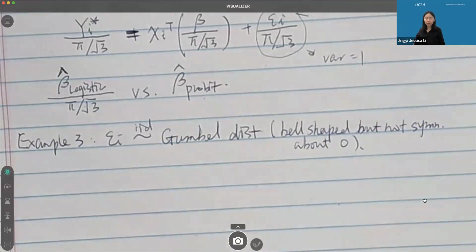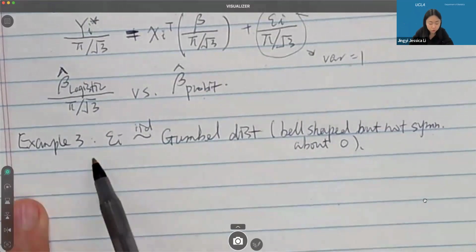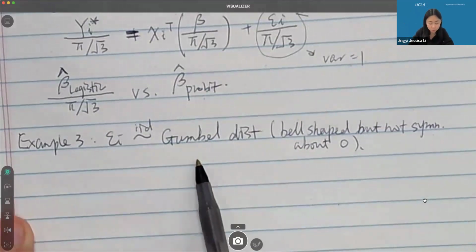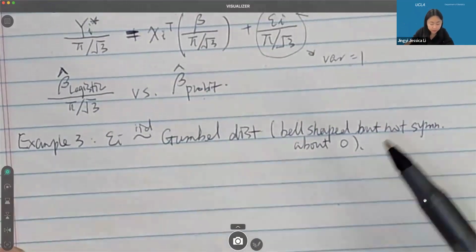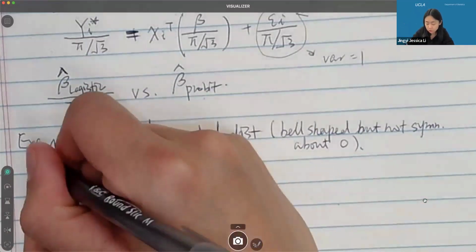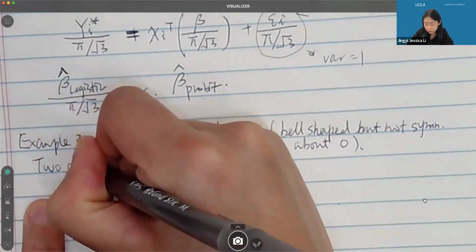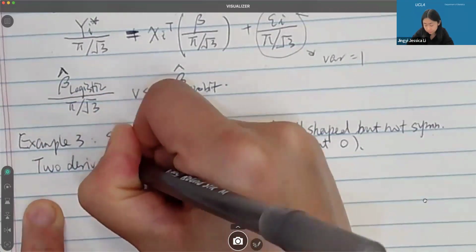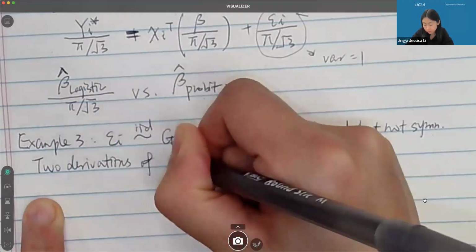Regarding the Gumbel distribution, it's something we specify for mathematical convenience. A lot of the interesting distributions were invented for convenience, for easy derivations and interpretations. There are two ways to derive the Gumbel distribution, and they're both quite interesting.